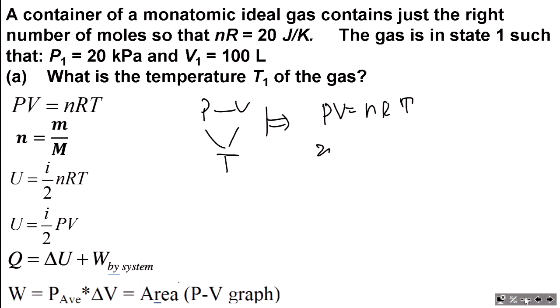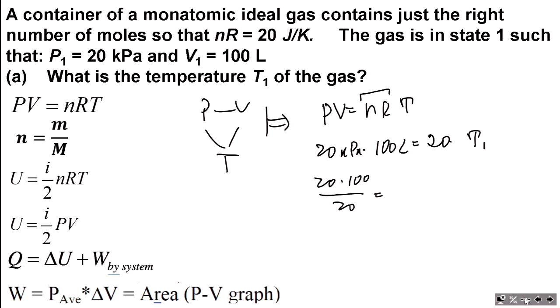And 20 kilopascals times 100 liters should be equal to 20 times the initial temperature. And as we know, we don't even have to convert kilopascals and liters if we keep them together. So it's 20 times 100 over 20, 100 Kelvin.